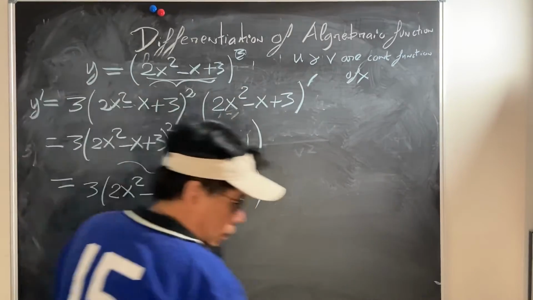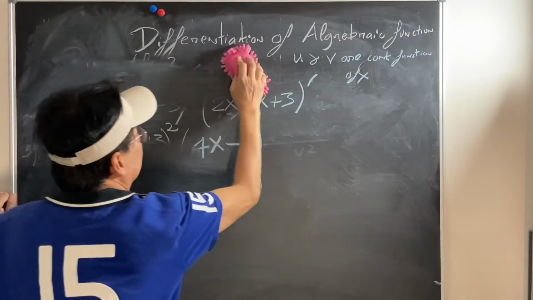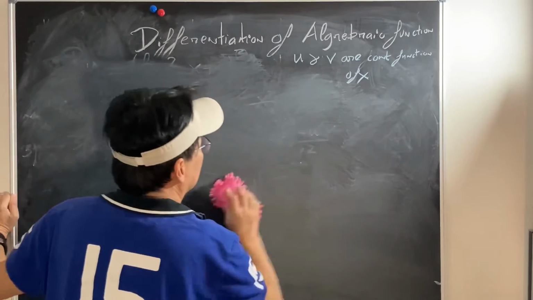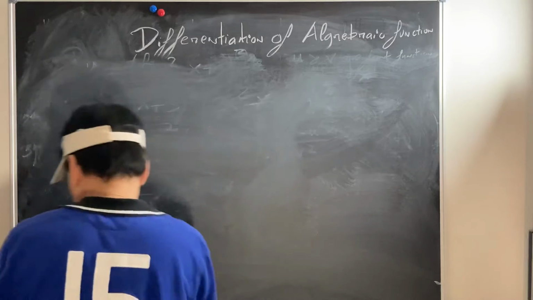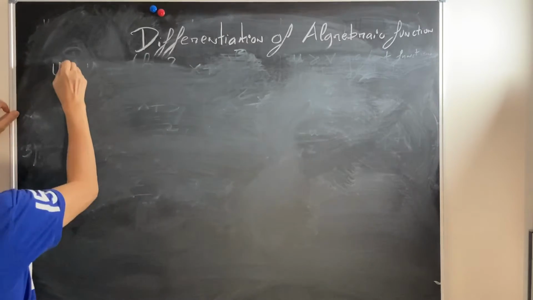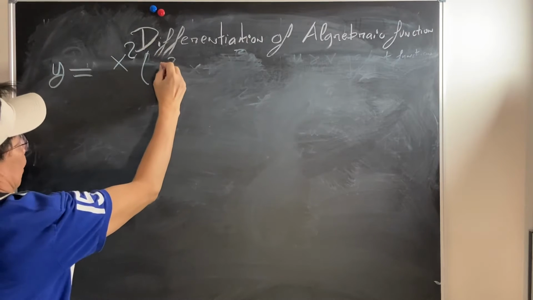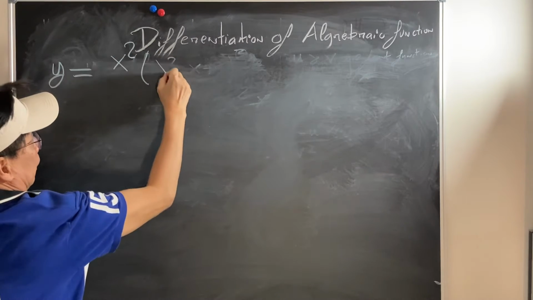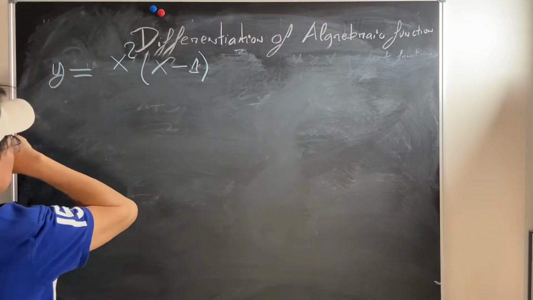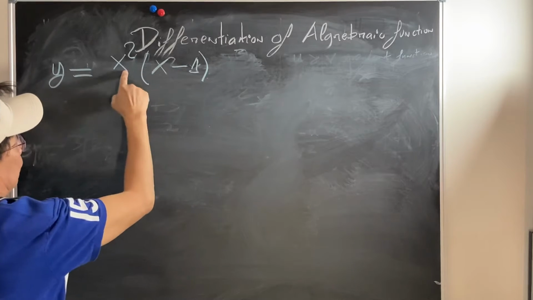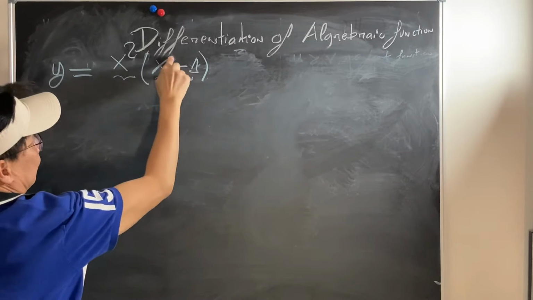Let's go to another example. Suppose you have y equal to x squared multiplied by x minus 1. If you use the product rule, the first term is x squared and the second term is x minus 1.